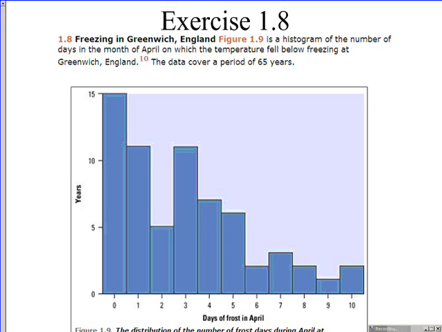Okay, so in 15 of those 65 years, it never fell below freezing. In about 11 of those 65 years, there was one day in which it fell below freezing, and so on. If we go all the way out here, looks like about 2 times out of the 65 years, there were 10 days below freezing.